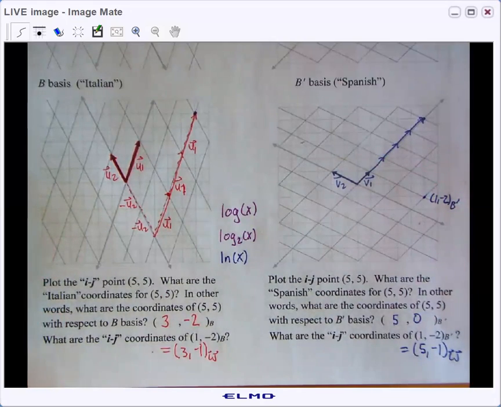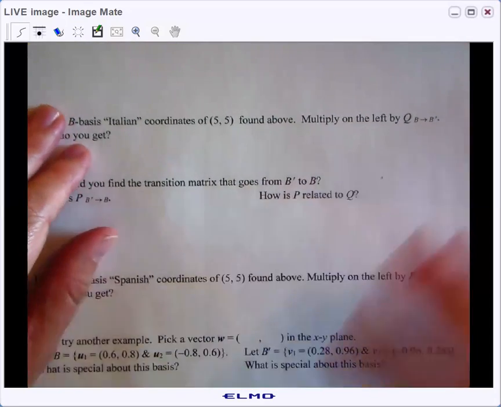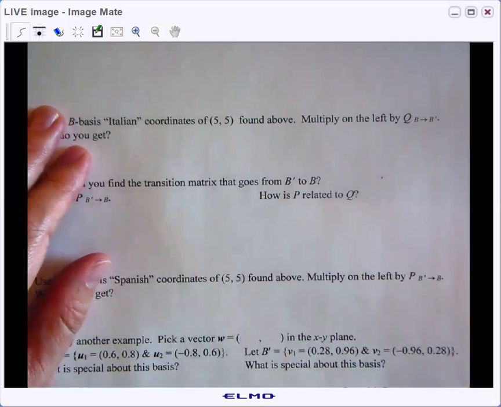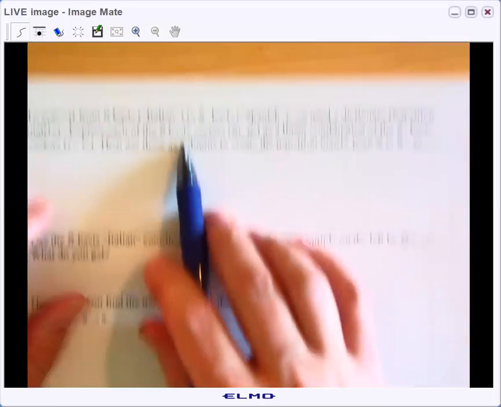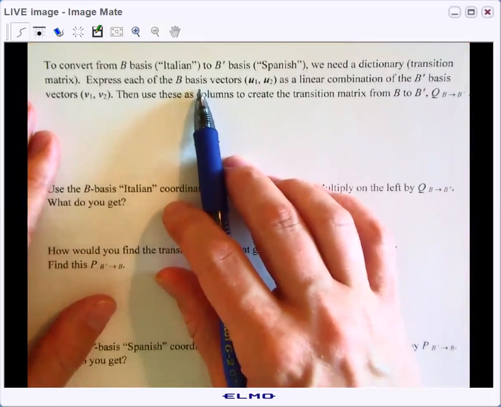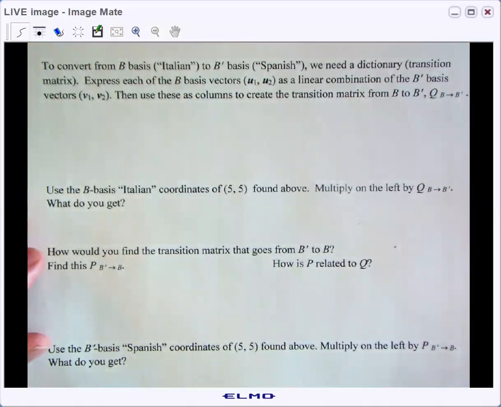Well, as we've seen earlier, we need to use our basis vectors and make a transition matrix. So to get from the B basis to the B prime basis, we're going to have to take each of the B basis vectors, namely U1 and U2, and write them as a linear combination of the B prime basis vectors, V1 and V2.